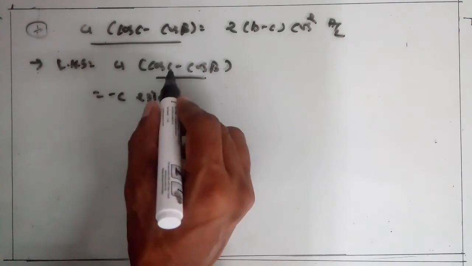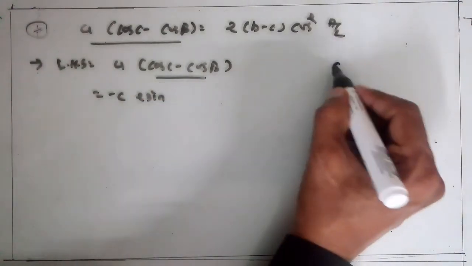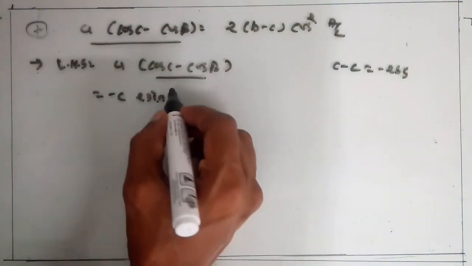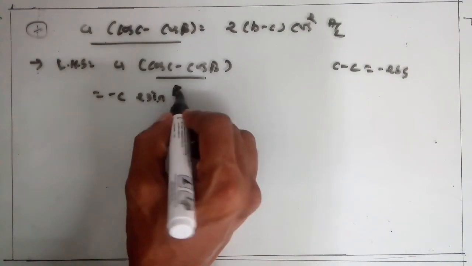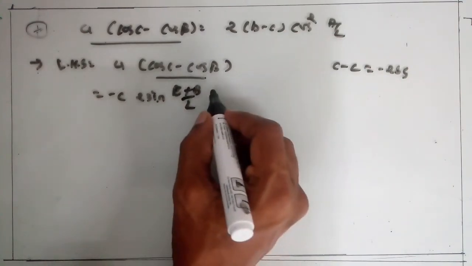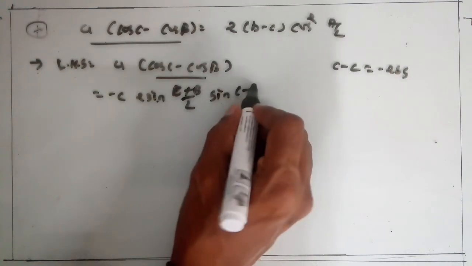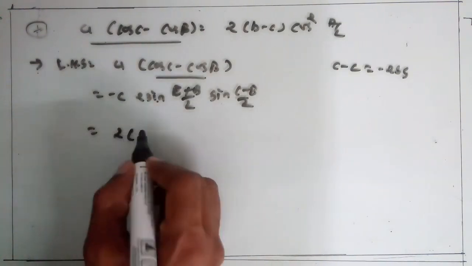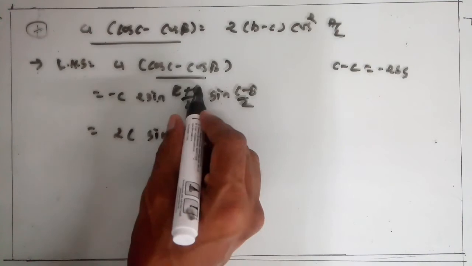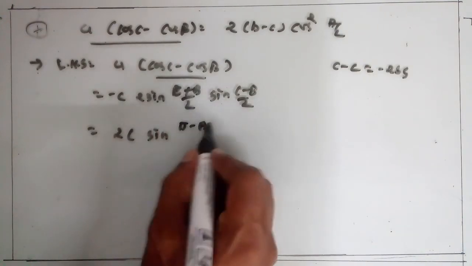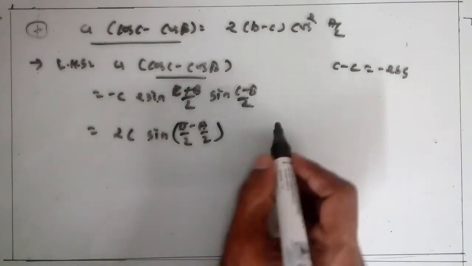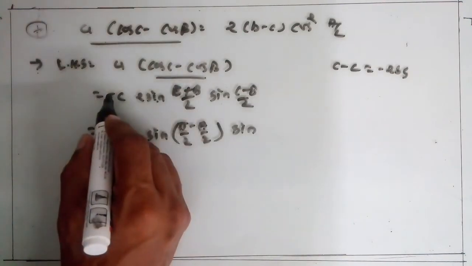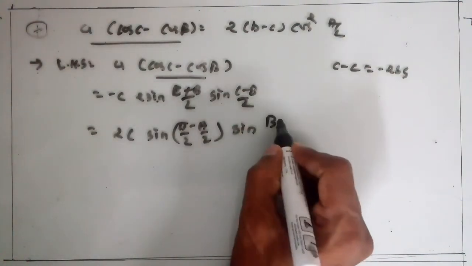So minus 2 sin, taking addition of these two, (C plus B) upon 2 into sin (C minus B) upon 2. Now minus applied to the last term, we get 2 sin, and here in place of B plus C write pi minus A by 2. Clear this? You know, sin of minus theta is equal to minus sin theta. So minus taken inside, we get here (B minus C) upon 2.